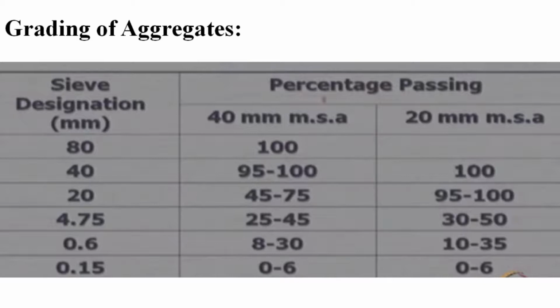When this 40 mm nominal size of aggregate is passed through the 80 mm sieve, 100% should pass. Through the 40 mm sieve, 95 to 100 should pass, through 20 mm, 45 to 75, and for 4.75 it is around 25 to 45, and likewise for 20 mm MSA. This table has been formed based on the experience which we had earlier.